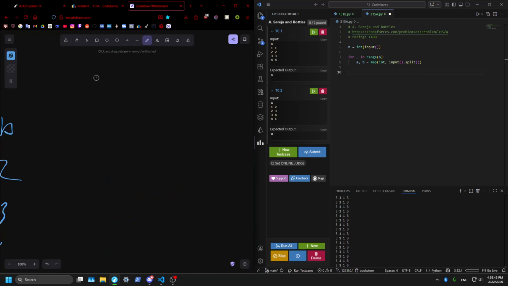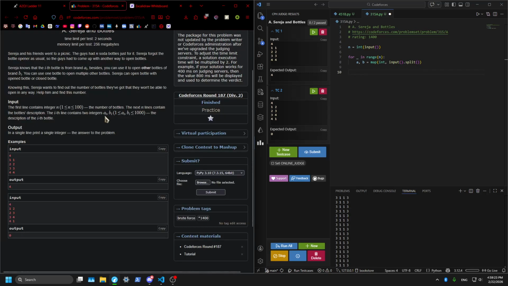Okay, so if I have something like 1, 2, 2, 3, 4, 5. Wait, bottle 1 opens 2. What does this mean? 1 opens 2, 2 opens 3, 4 opens 5. Number of bottles.